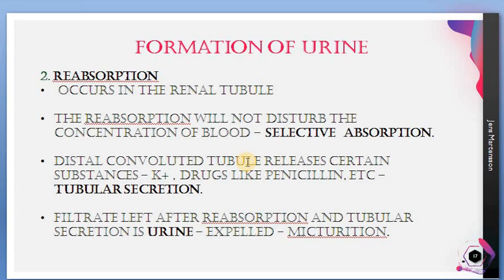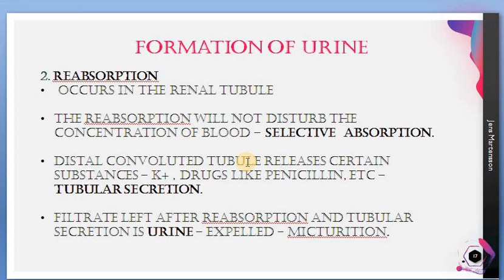Listen, the tubular walls start to secrete some waste products into the filtrate. That means they are adding more waste into the filtrate. They are converting the filtrate into urine.